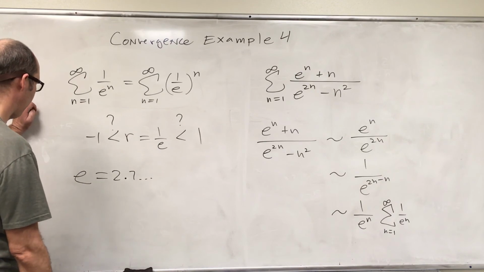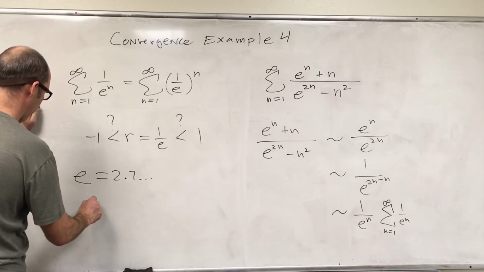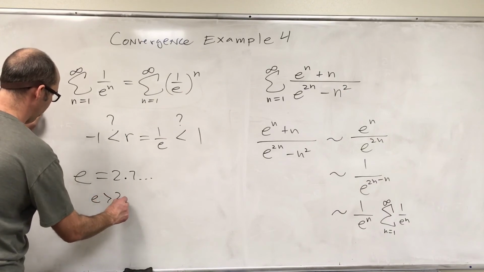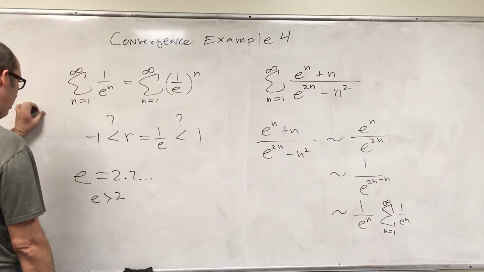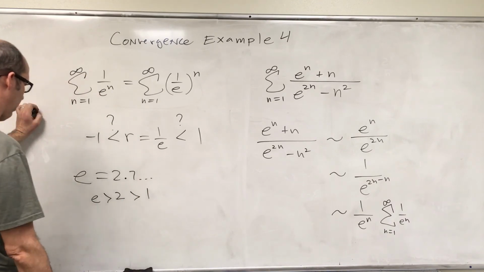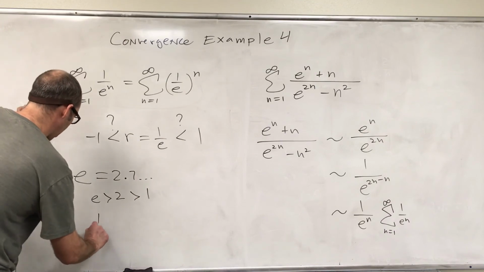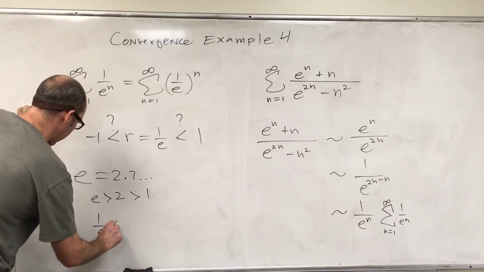In any case, e is bigger than 2, which is bigger than 1. So that says 1 over e is less than 1.